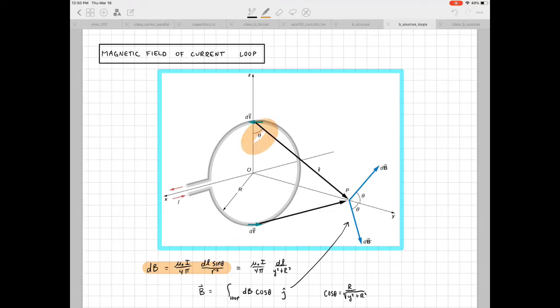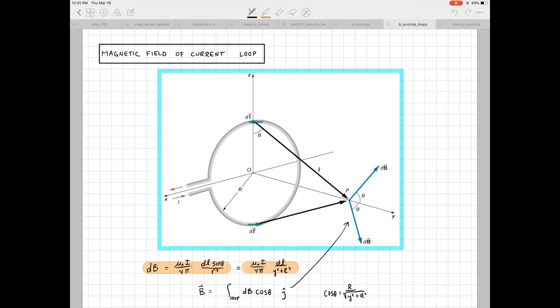That is not the theta that sine theta is referring to. Once you realize that, you recognize the angle between dL and r is this angle right here, and that's actually 90 degrees.